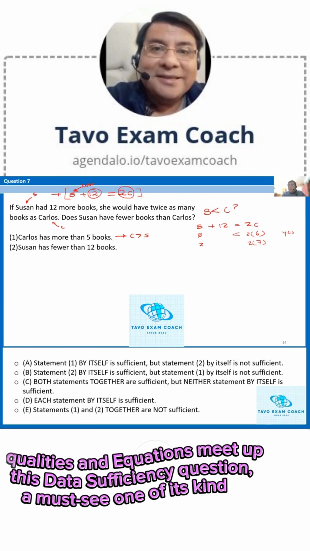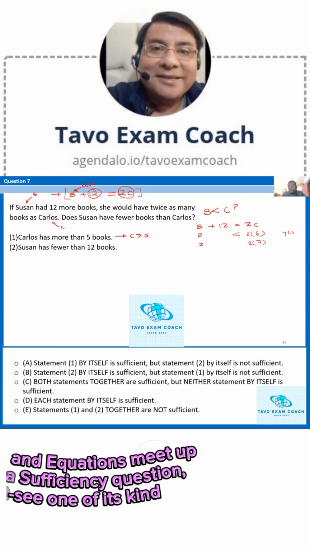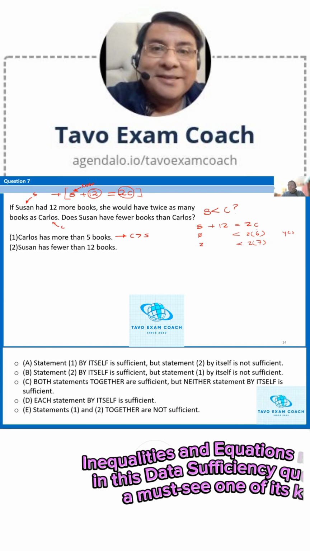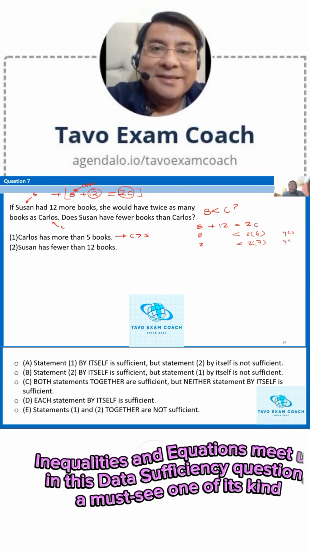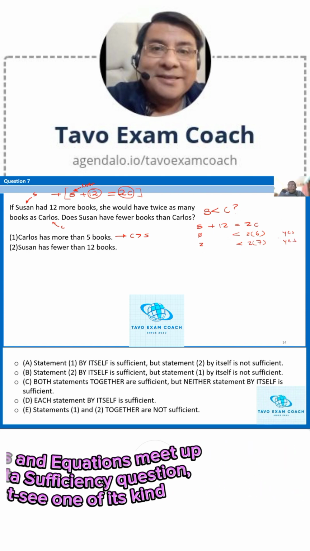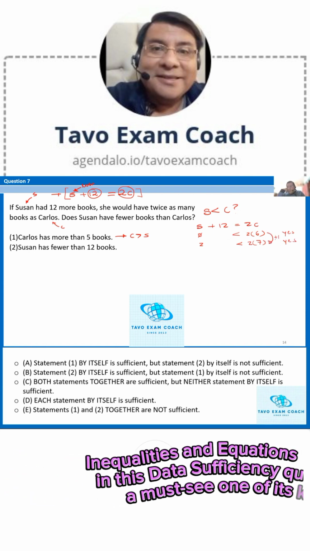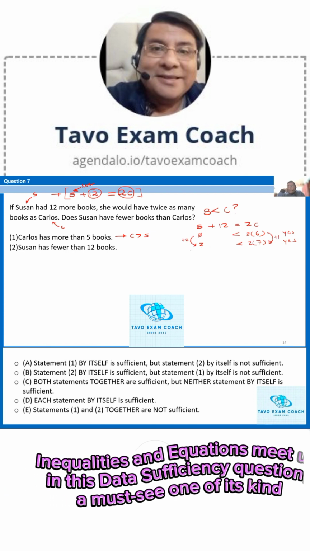2 plus 12 equals 14. But 2 is less than 7. So, another yes. We can appreciate that while Carlos's books are increasing 1 by 1, Susan's books are increasing 2 by 2.